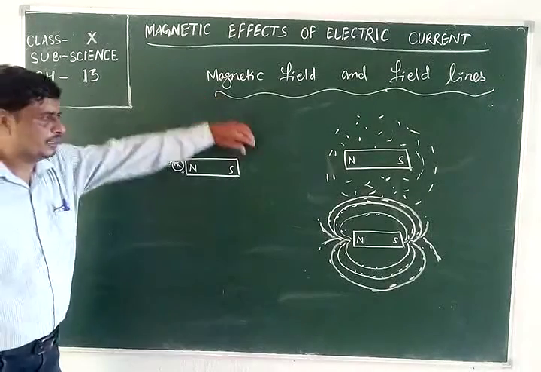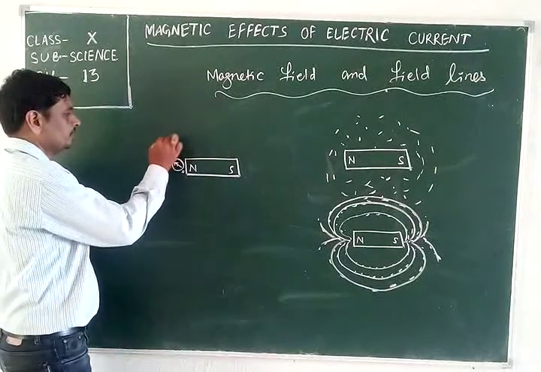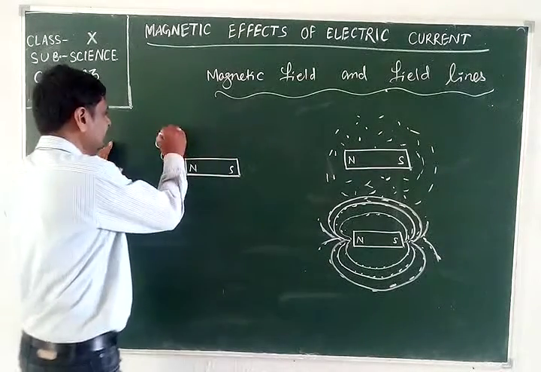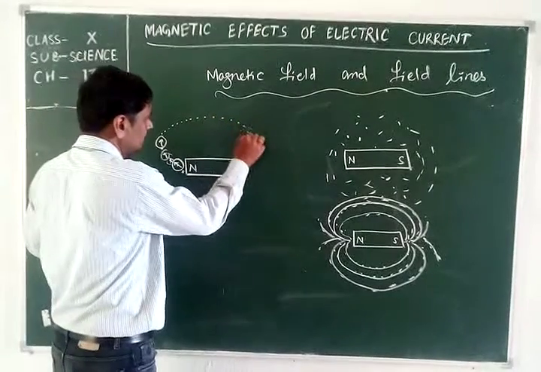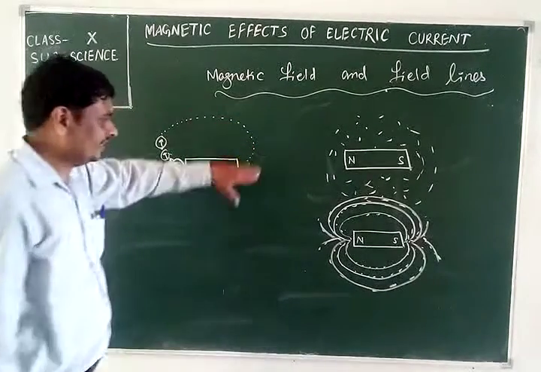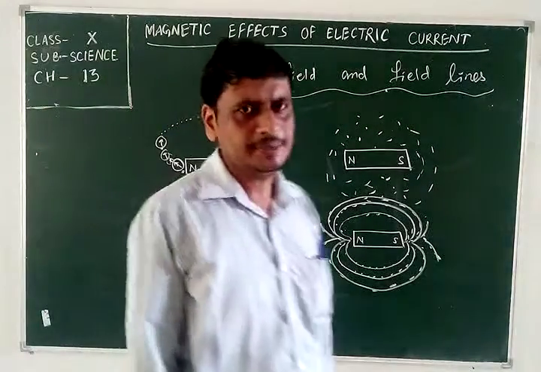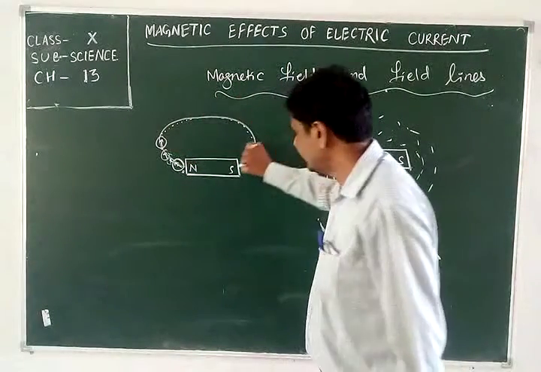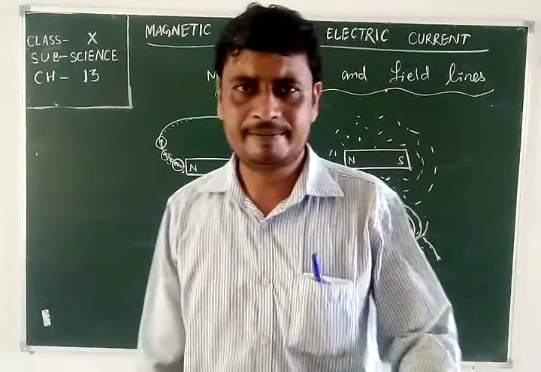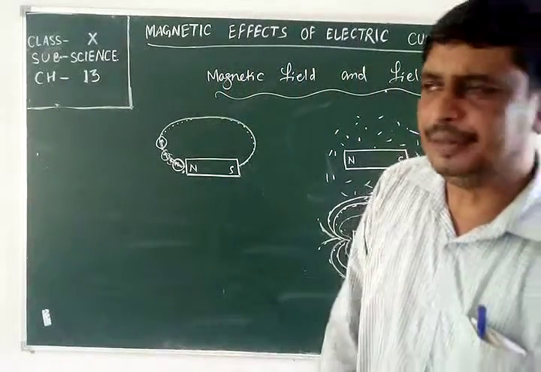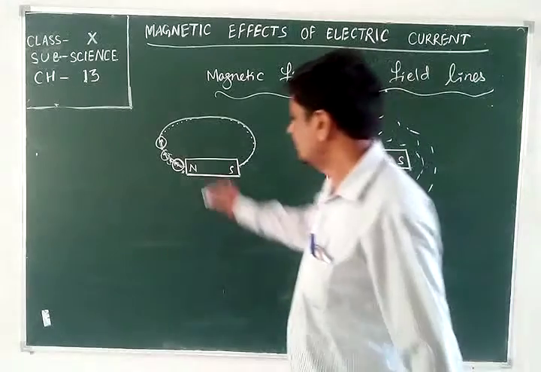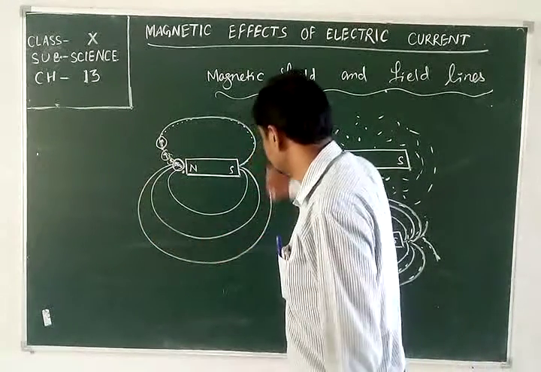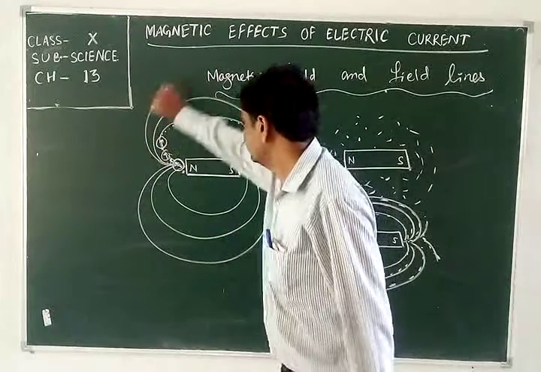In this way, the points will be obtained and it will come toward the south pole of the magnet. In this way, we will get a line. That line is called a field line. And this type of field line is obtained all around the magnet in such a pattern.